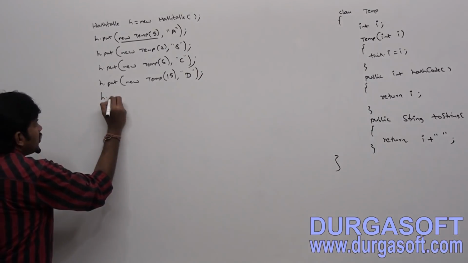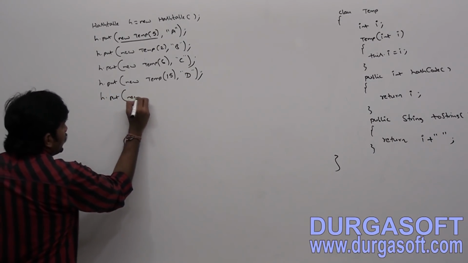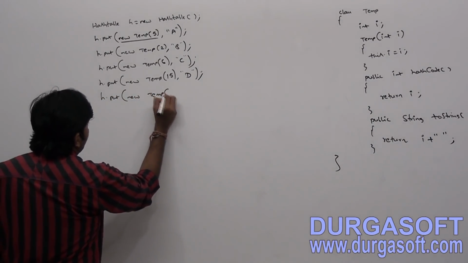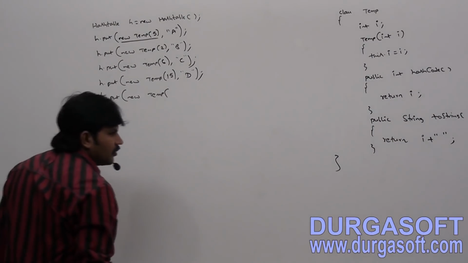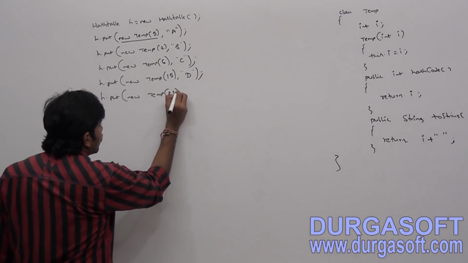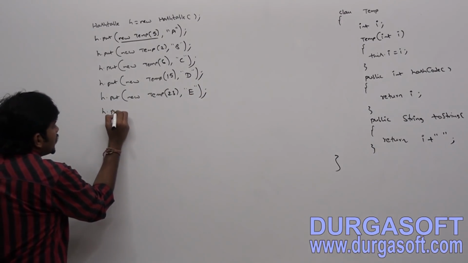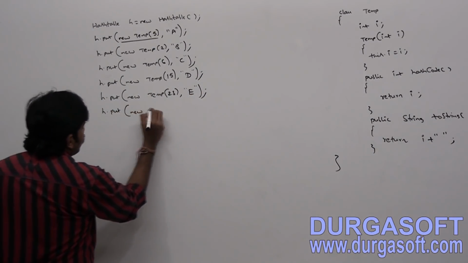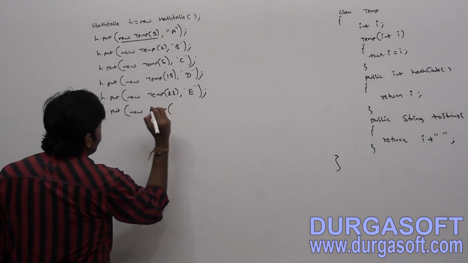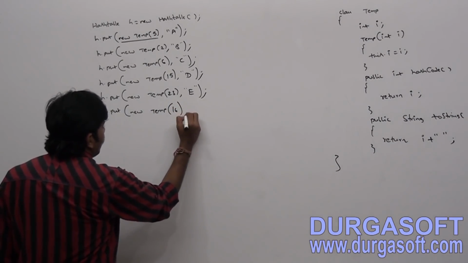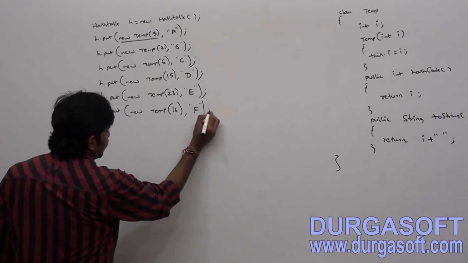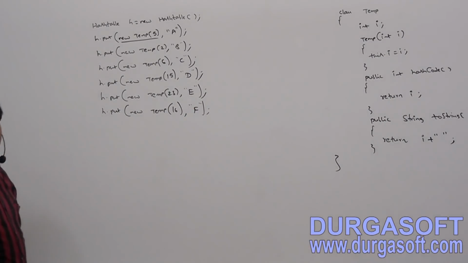Next, h.put(new Temp(23), E). Next, h.put(new Temp(16), F). I hope this is the last one. The null commented line, anyway, is not required to worry about.